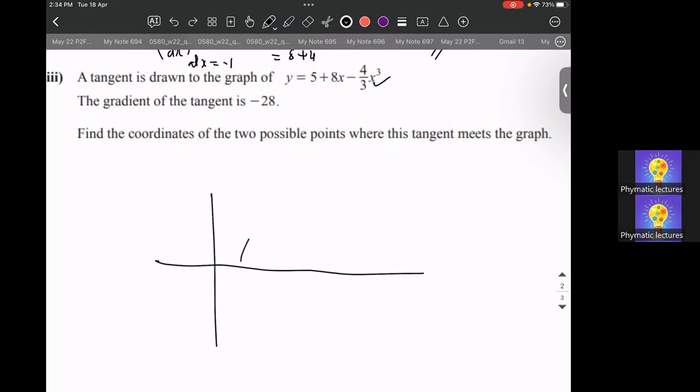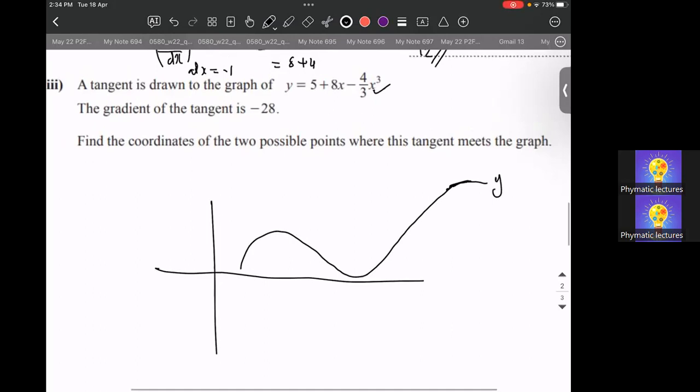Suppose the graph of this cubic is going like this. And this is the equation. It is not exact, okay? We're just making a random graph. So 5 plus 8x minus 4 by 3 x cubed.